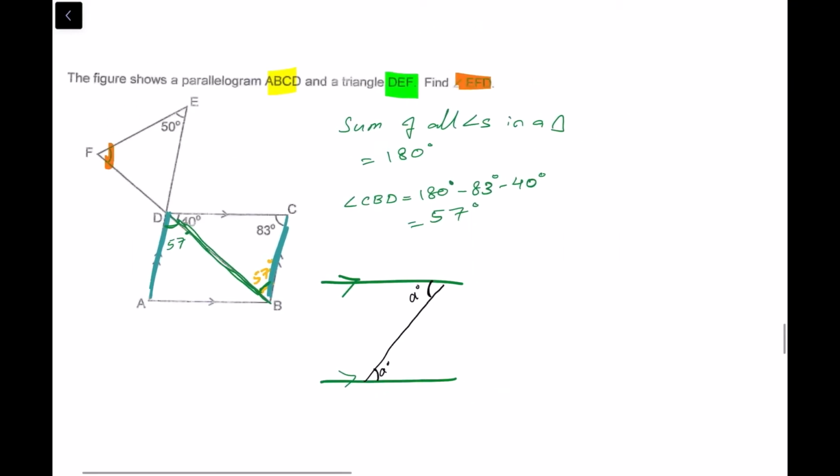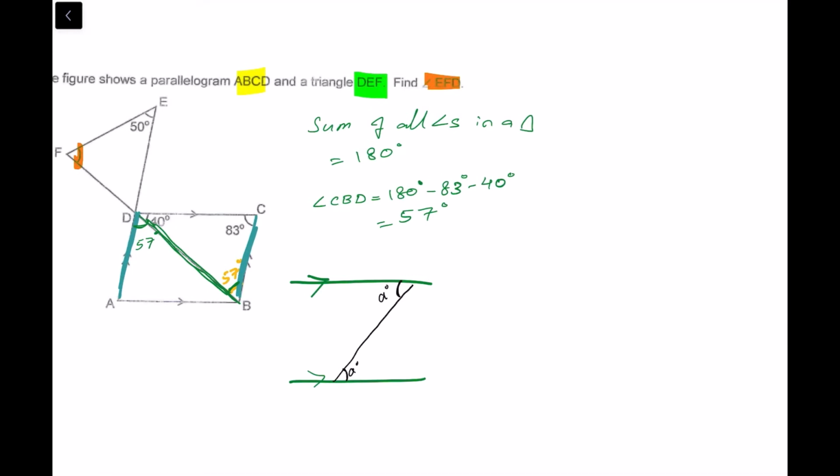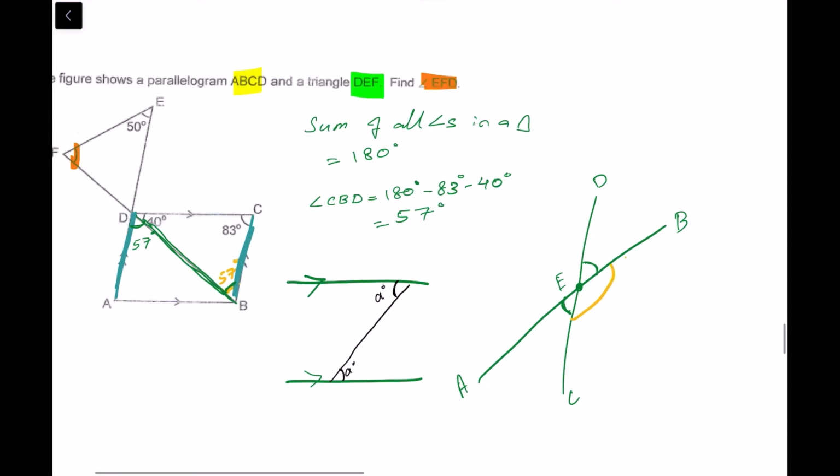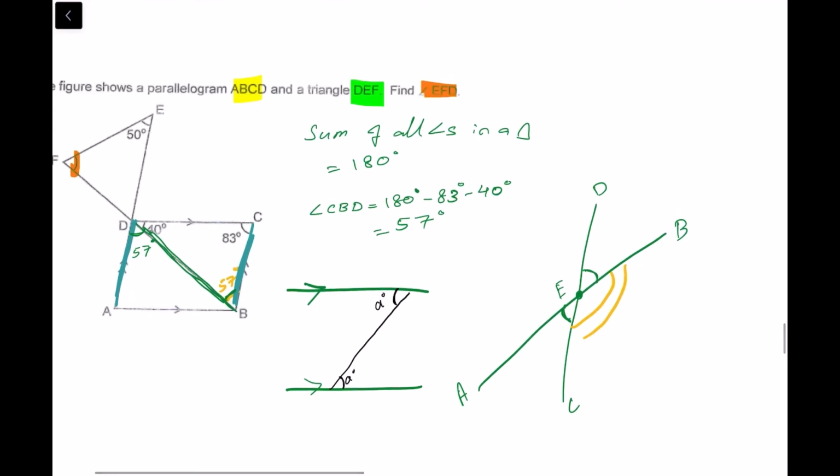Now another property of straight lines we have is if you have two straight lines which intersect at any point, let's say line AB and CD intersect at point E, then angle AEC would be the same as angle DEB, and angle BEC, I'll use a different color, angle BEC would be the same as angle DEA.